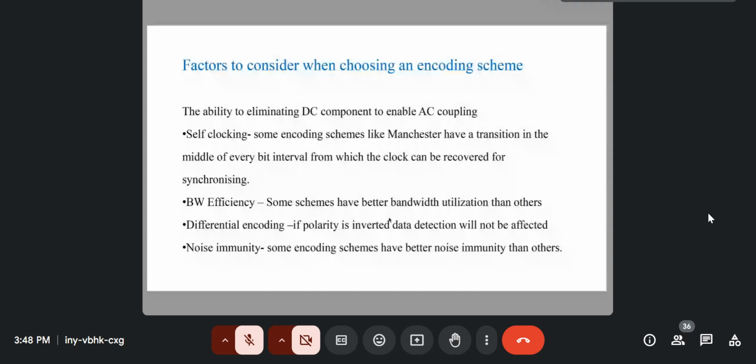We call it the IEEE 802.3 encoding, Manchester encoding as opposed to the G.E. Thomas. We are going to see the two of them. There is one which is specifically called the IEEE 802.3 encoding scheme. So Manchester is used by Ethernet.